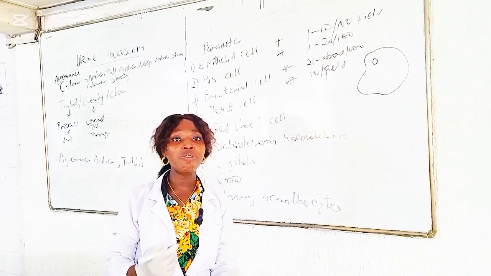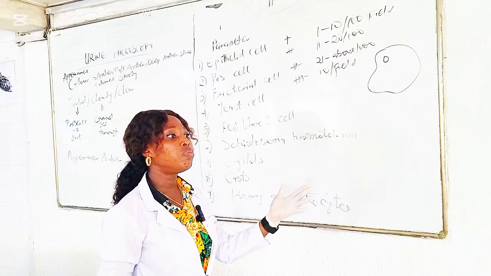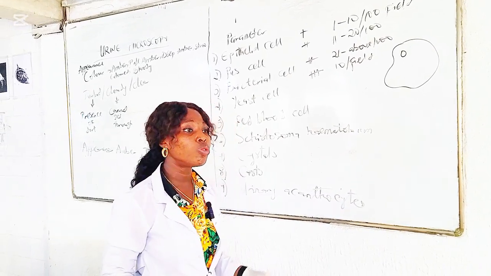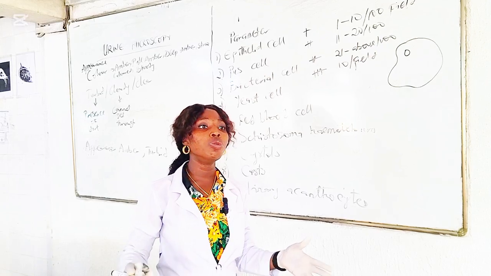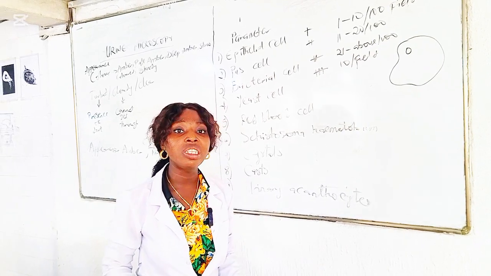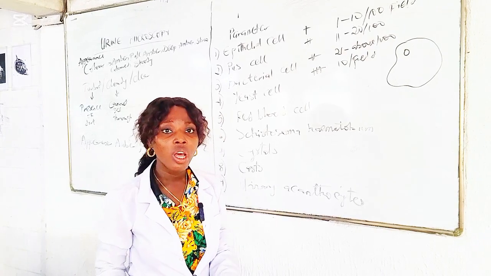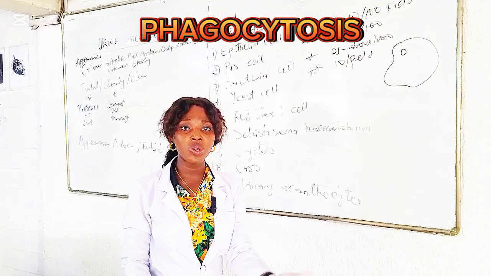When there is an infection in the body, white blood cells like your neutrophils are triggered to the site of infection to destroy or mop up the foreign organism causing the infection in a process known as phagocytosis.